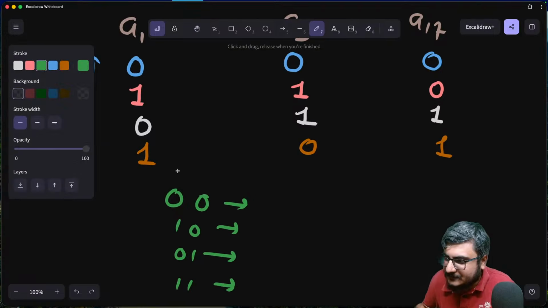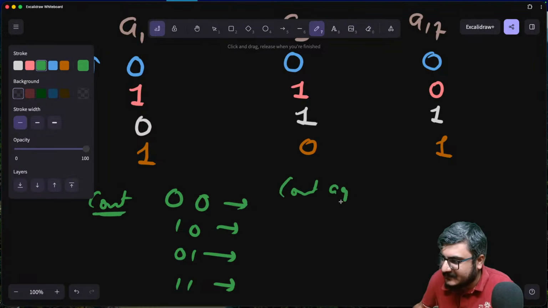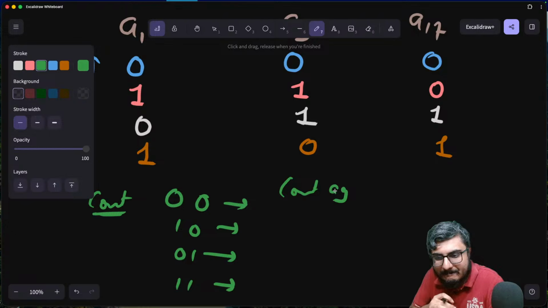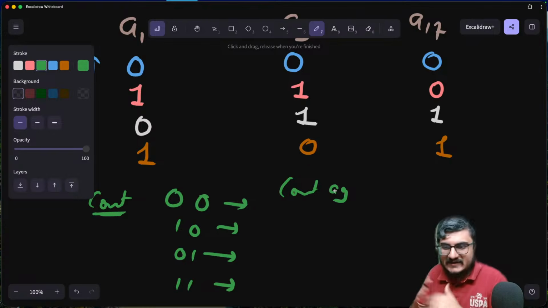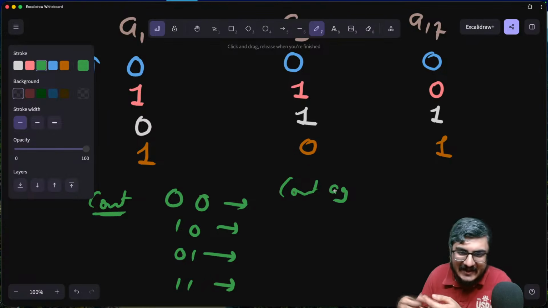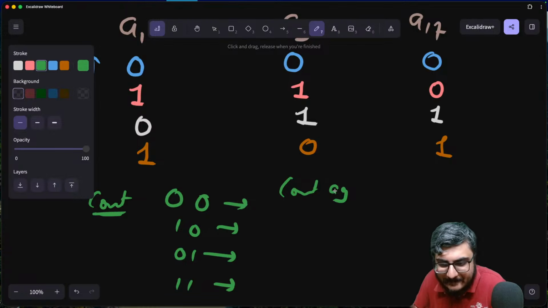If I know the count, then I can also find the count of A9, right? Because at the end of the day, I don't have to find A9 and then count bits for it. I can directly try to find the count over here.